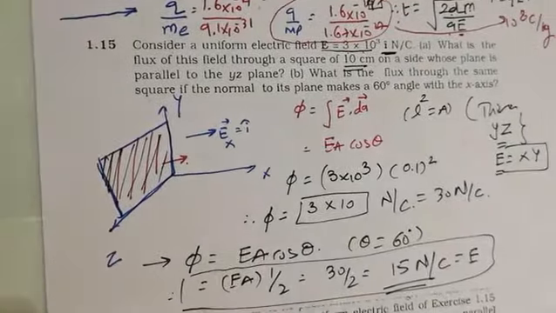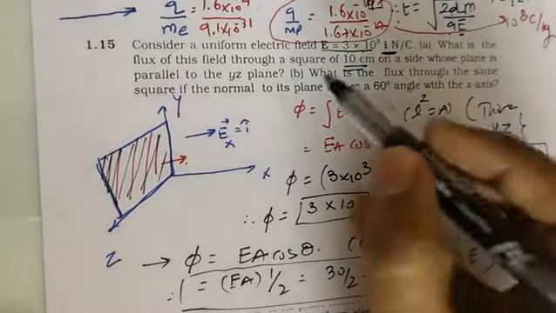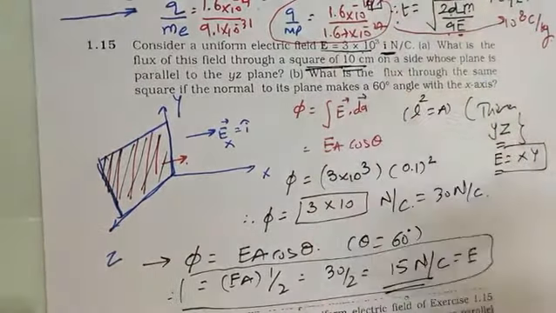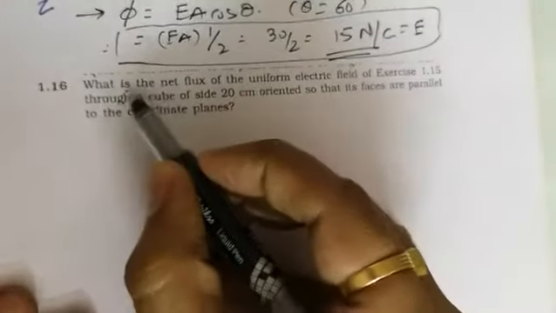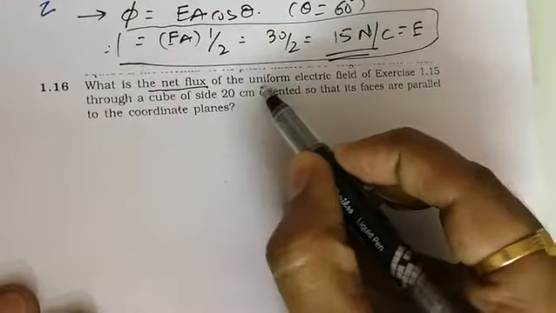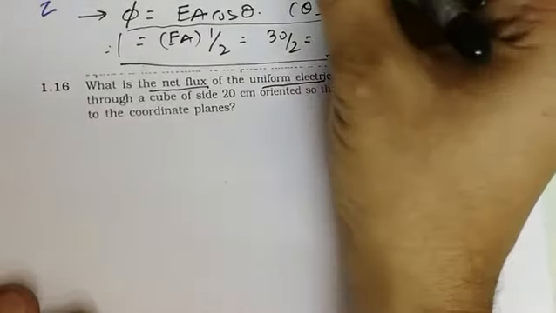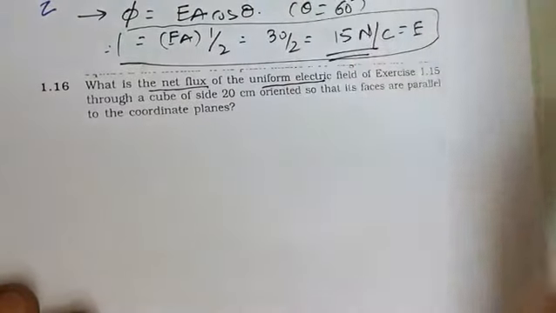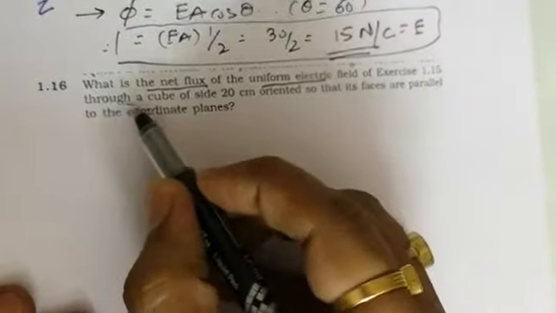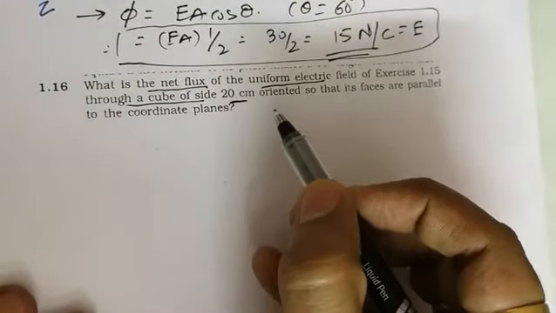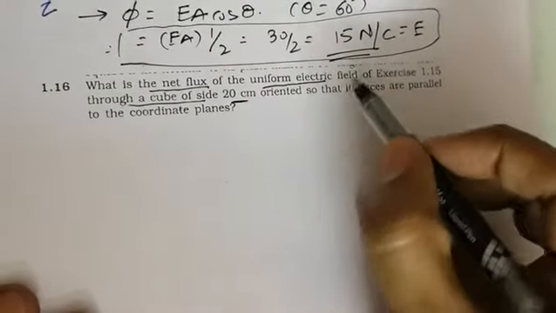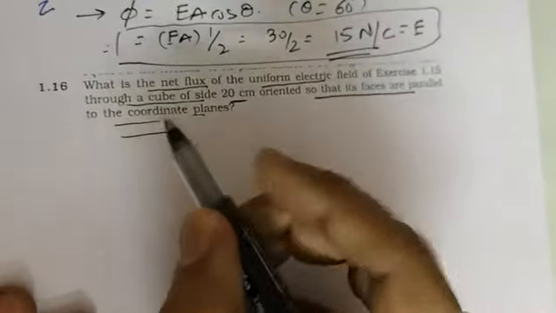It means that our electric field data is the same as the previous one, but the condition is the net flux of the uniform electric field, 3 cross 10 to the power 3 i cap, through a cube with side 20 centimeter. It means it is a cuboid, and we have to find the flux when the surfaces are parallel to the coordinate planes.